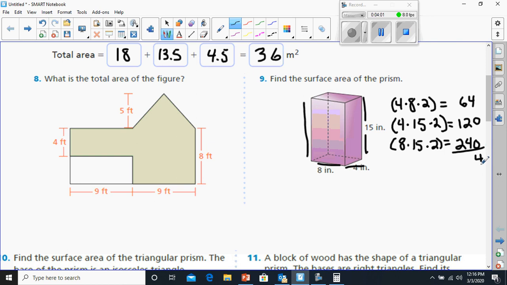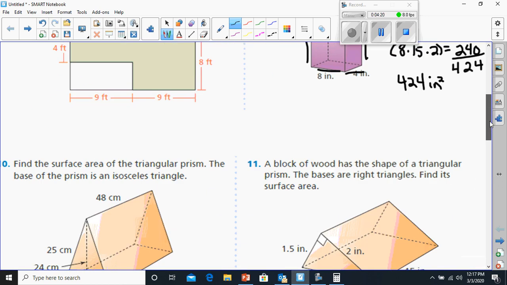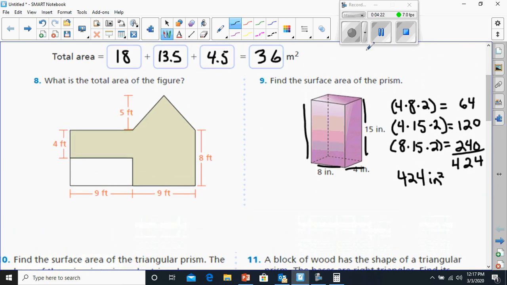That would give me 2, carry the 1, and that would give me 4. So it should be 424 inches squared. I want to make sure I label, yep, that was labeled correctly.